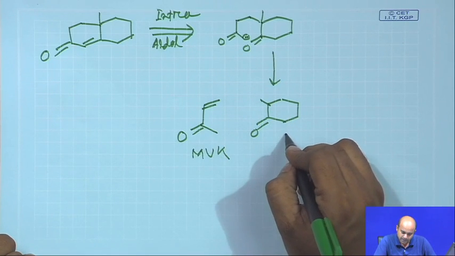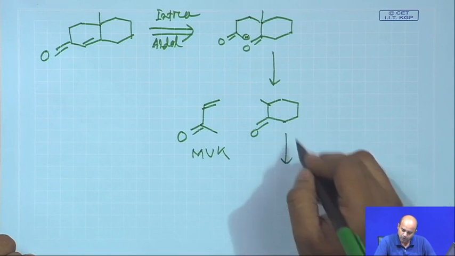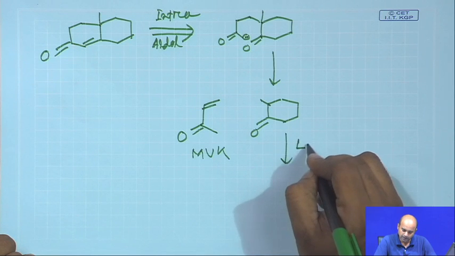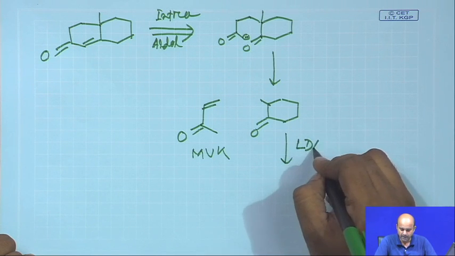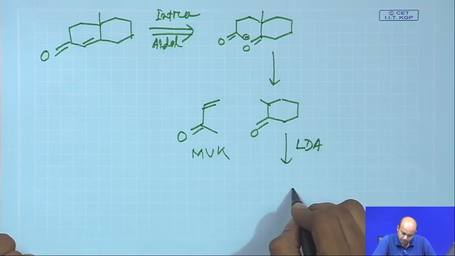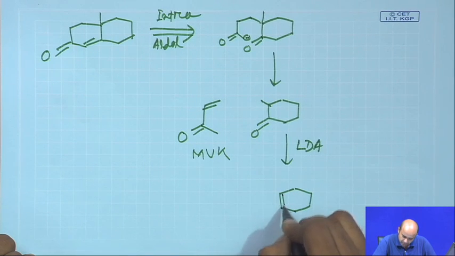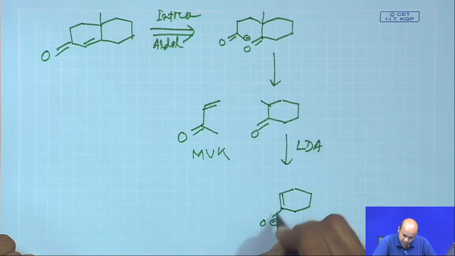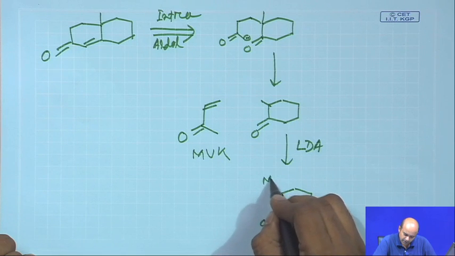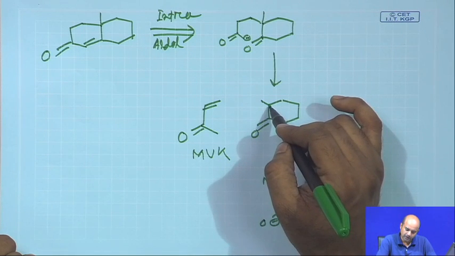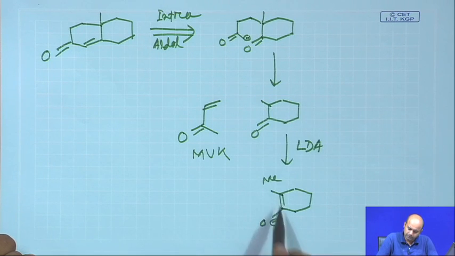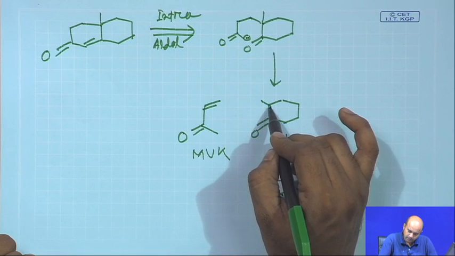So, if you subject 2-methylcyclohexanone to a base like LDA, you basically have an enol generated by abstracting this hydrogen. Now, this is the nucleophilic point.